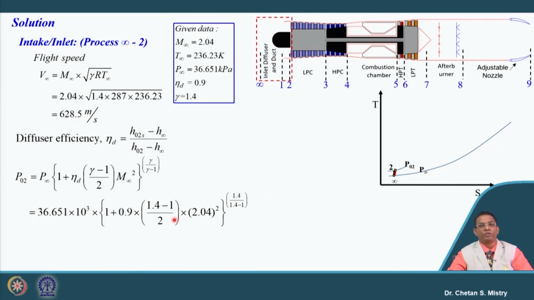We have diffuser efficiency 90% and flying Mach number 2.04. So it says the exit pressure is coming to be 259.37 kilopascal. So in this way we can calculate our total pressure at the exit of the diffuser.